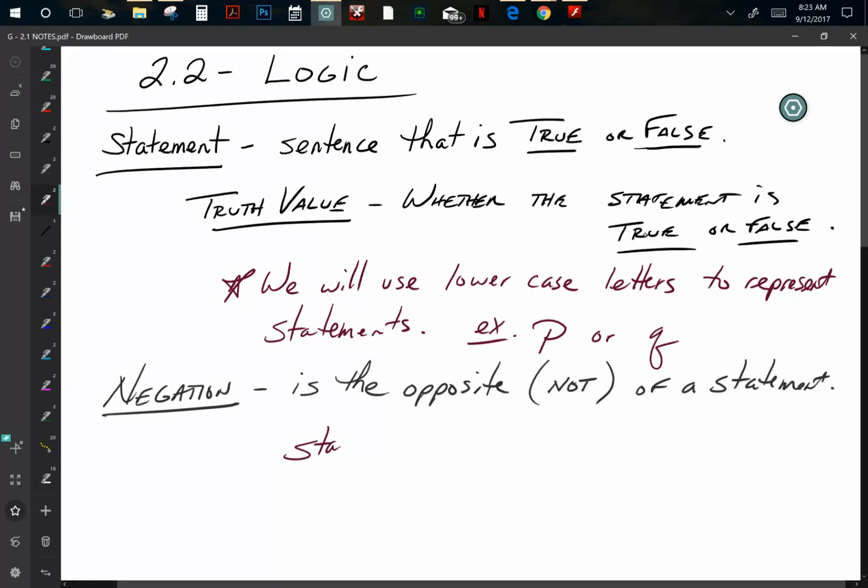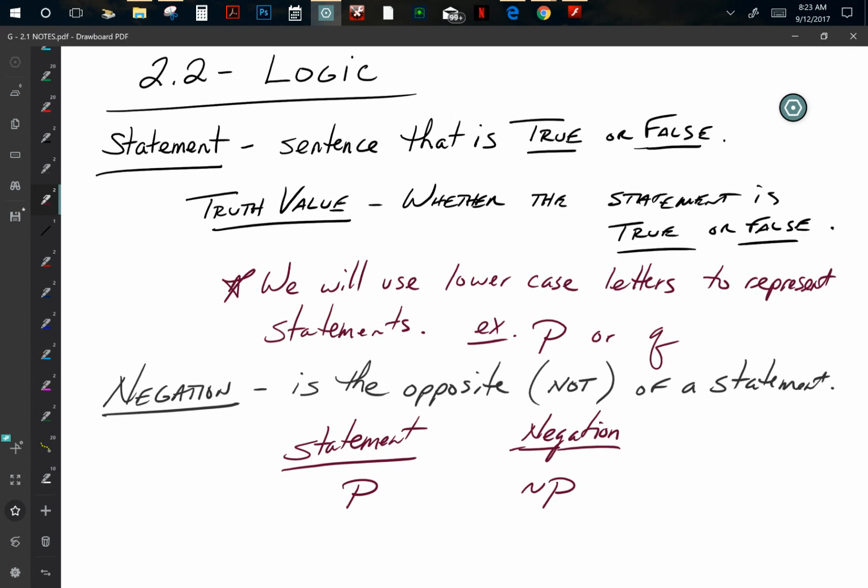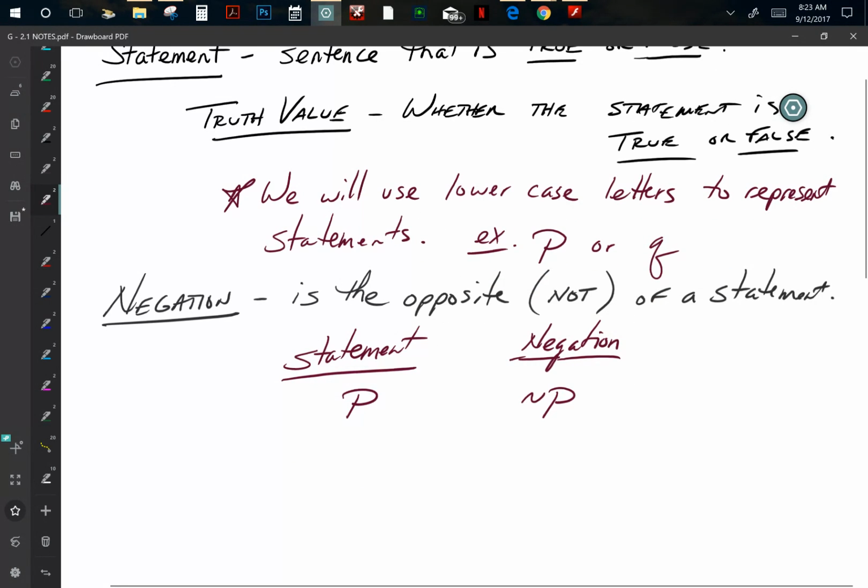So if you have a statement, let's call it P. The negation of that statement, we're going to use this little sign right here and write P. That means not P. If that seems weird, I don't blame you. But it's just a sign for a simple concept.